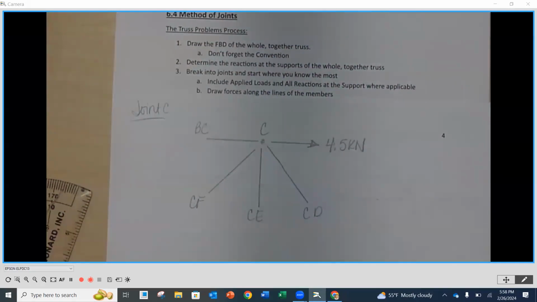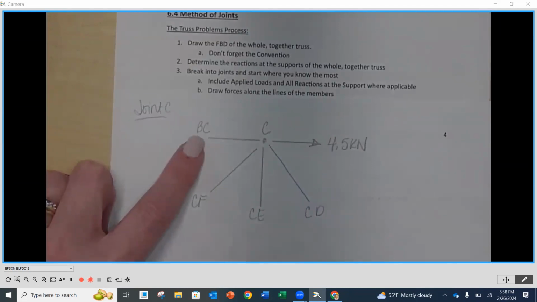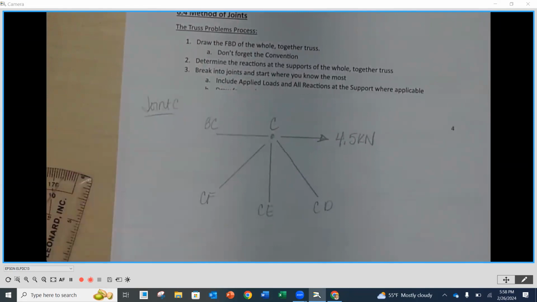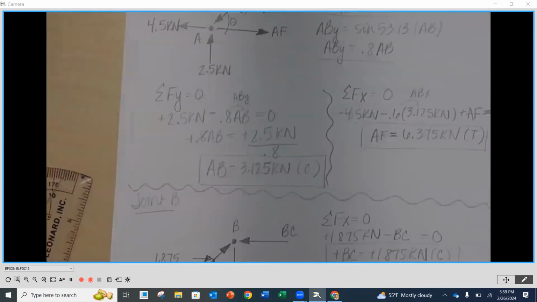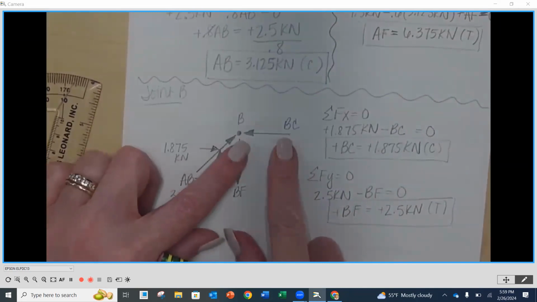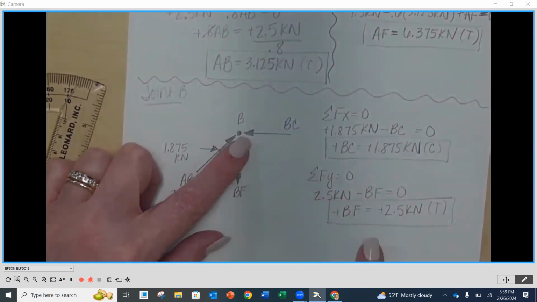Now I have my lines on here, but I do know a little bit more than this. I know what BC is, right? Because I just did joint B and I calculated BC. So I've got to go back to joint B to find out its magnitude and if it's compression or tension. So the very last one that I did, here's BC. It's pointing towards, so it's going to be in compression. And BC is 1.875 kilonewtons.